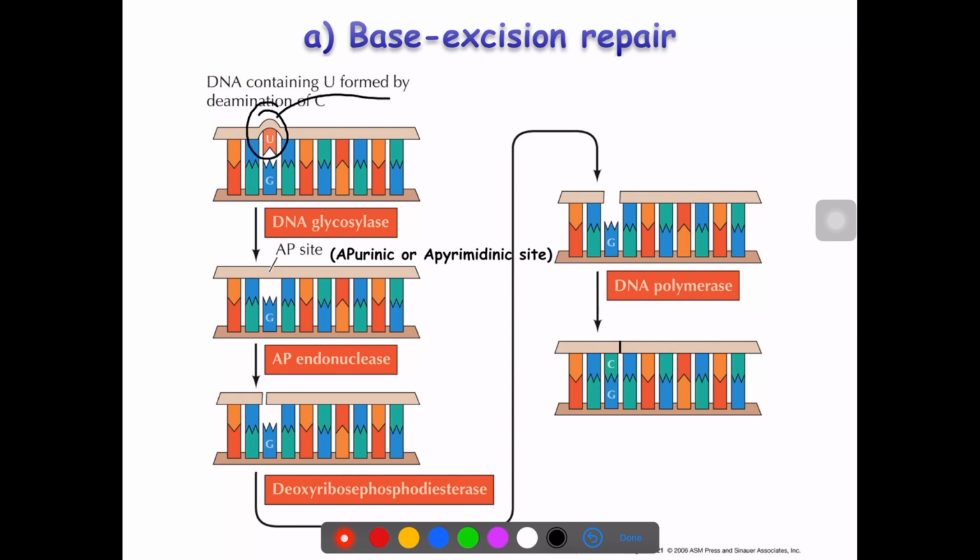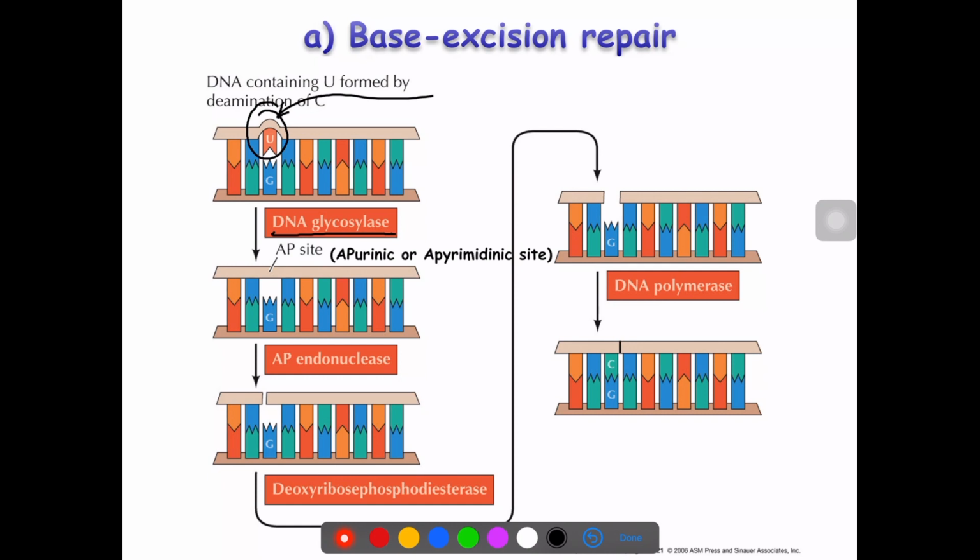There is a specific enzyme that is capable of recognizing that kind of mismatch in the DNA, and that enzyme brings a DNA glycosylase, which has the ability to break the link between the sugar and the base.